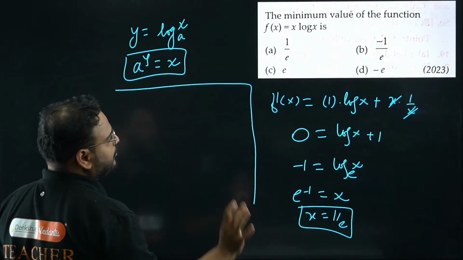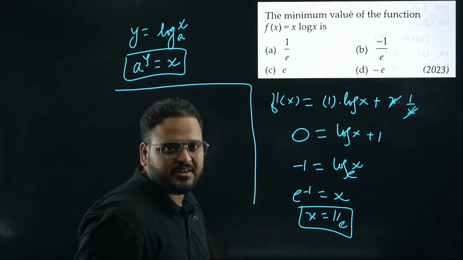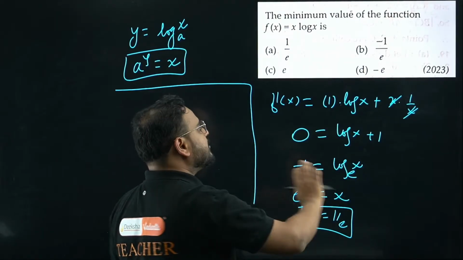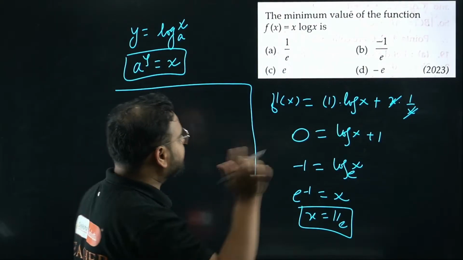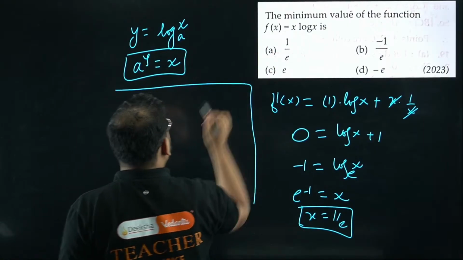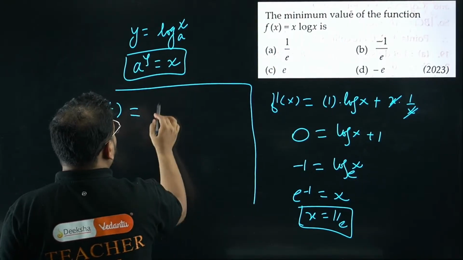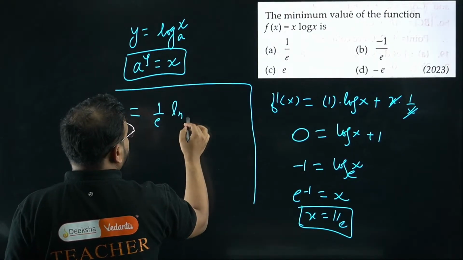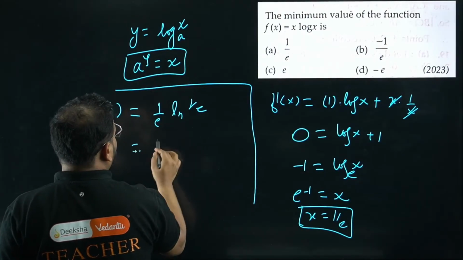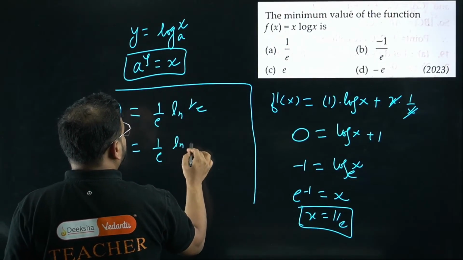I have the x value. Only one critical point is there, so don't worry about the second derivative. Directly put this value back in the function. Find f of 1 by e. You get 1 by e times ln 1 by e, which is 1 by e times ln e power minus 1.